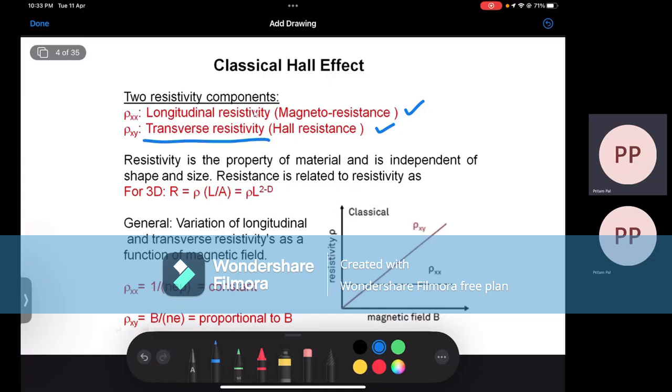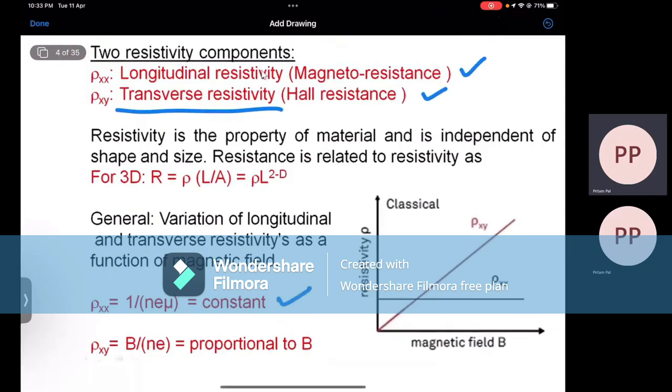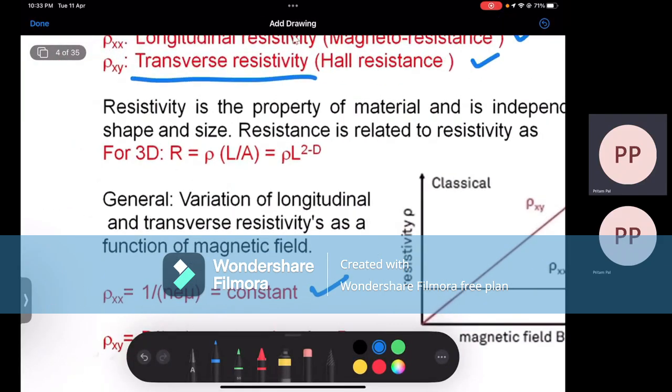This is the resistivity. Okay, so we can see from here the resistivity is nothing but the general expression 1 over n e mu, where n is the charge density, e is the electronic charge, and mu is the mobility.